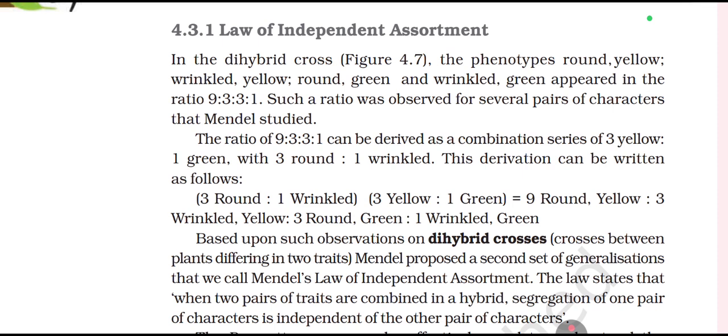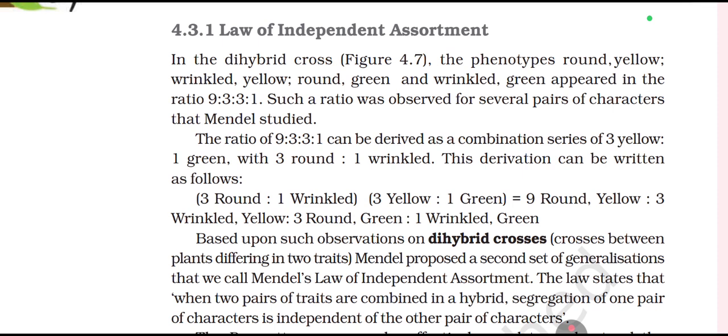The ratio of 9:3:3:1 can be derived as a combination series of 3 yellow : 1 green with 3 round : 1 wrinkled. This derivation can be written as follows: (3 round : 1 wrinkled) × (3 yellow : 1 green) equals 9 round yellow : 3 wrinkled yellow : 3 round green : 1 wrinkled green.